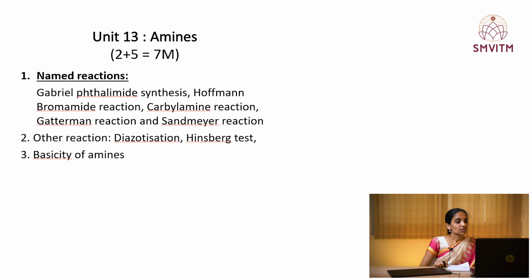Okay. So, these are the important named reactions. Then there are other reactions as well. Diazonium salts in the diazotization. To differentiate the types of amines, there is the Hinsberg test.